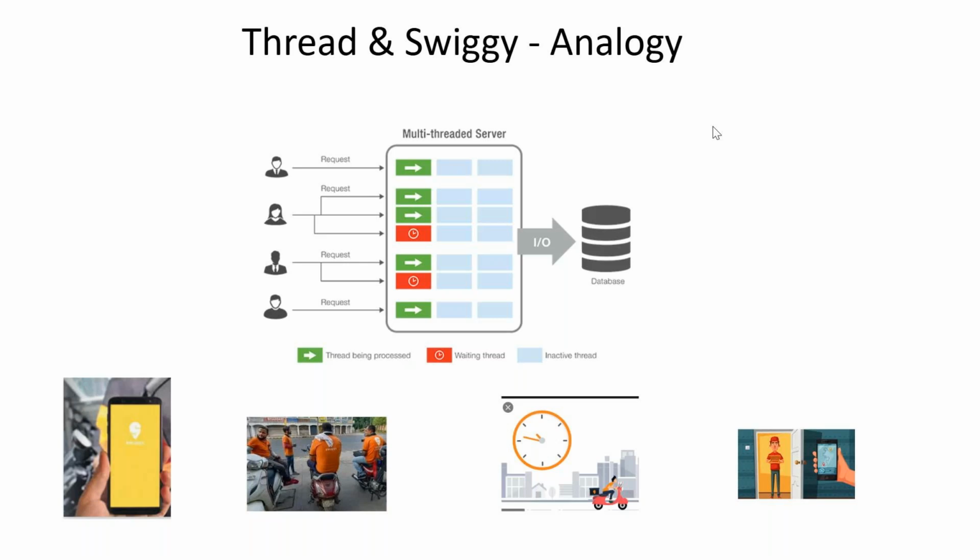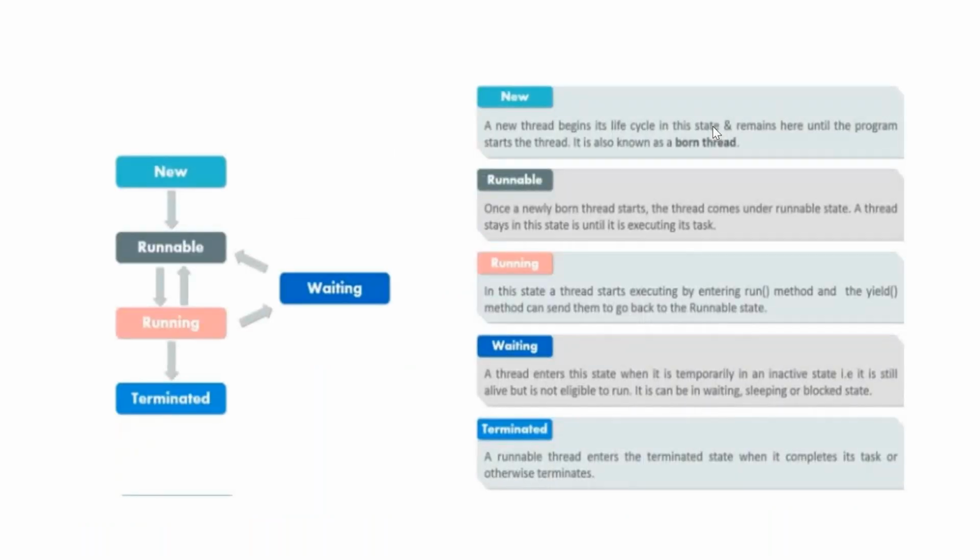The min means when the JVM starts, those 5 or 8, whatever you give as min, will get started. Then depending upon the traffic, it will increase from 5 to 6, 6 to 7, 7 to 8. When traffic comes down, it will come back to 5. So the number of threads will move between min and max. It cannot go more than max, and it cannot come less than min.